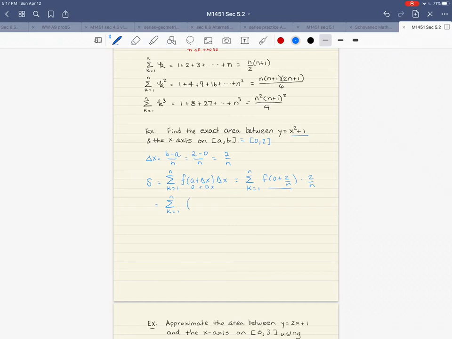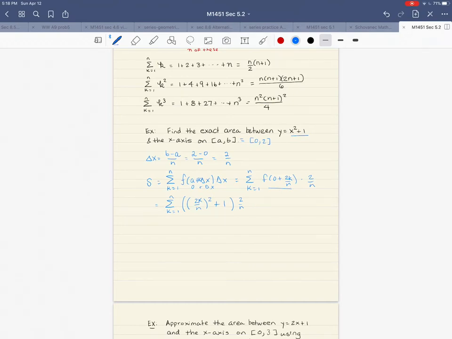All right, so to get this, we put 2 over n where the x is. So we have 2 over n squared plus 1. That's f of 2 over n. Then we multiply that by 2 over n. Oops, I need a k here. So I need a k here. k times delta x. There it went. About lost that. That would have been drastic.